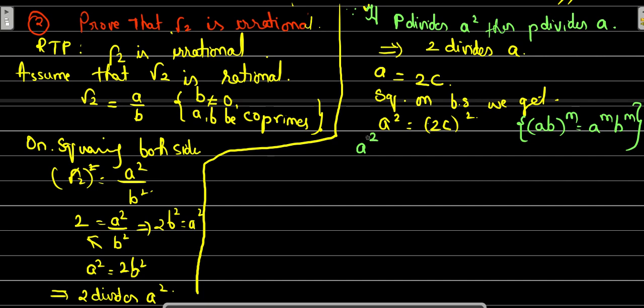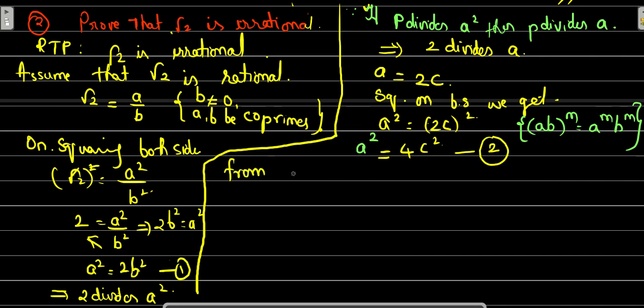So you can write a square is equal to 4c square, since 2 square is 4. Now look at this, a square is equal to 2b square and we got here a square is equal to 4c square.